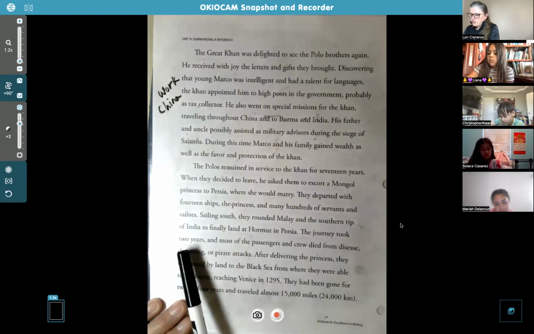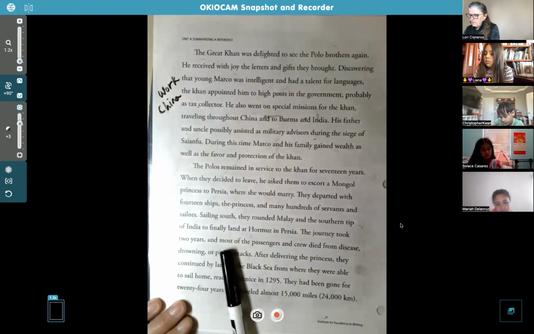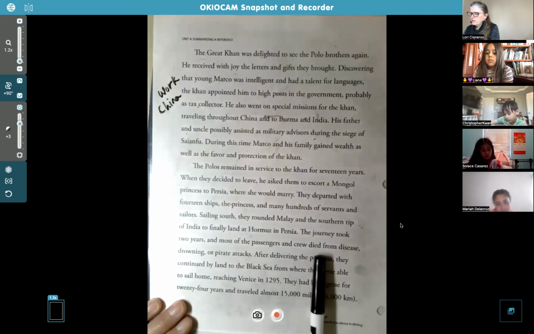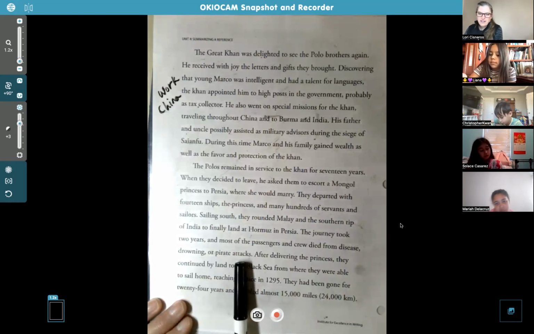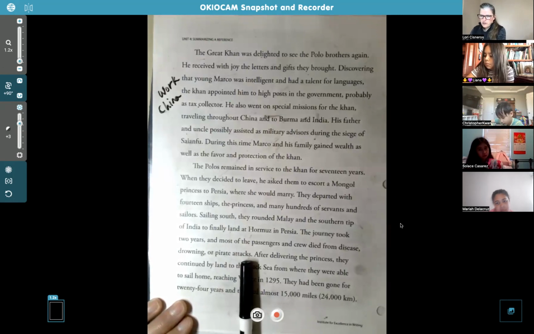The journey took 2 years, and most of the passengers and crew died from disease, drowning, or pirate attacks. So it was a dangerous time to be out on sea. And if you're gone that long, a lot of times people get sick and they don't have the medicine they need to get better, so they would die.